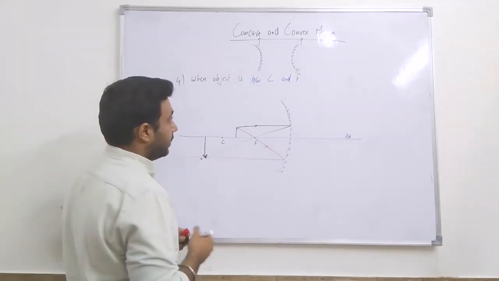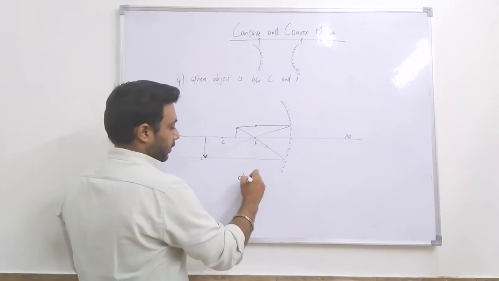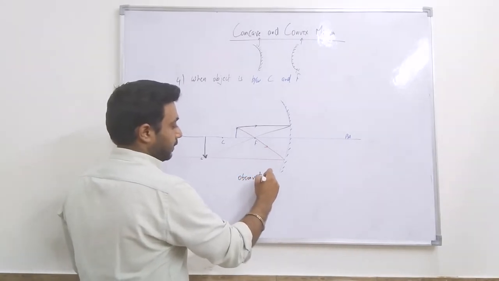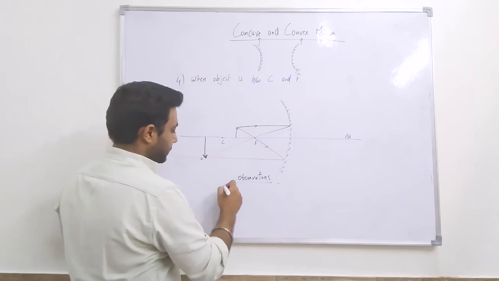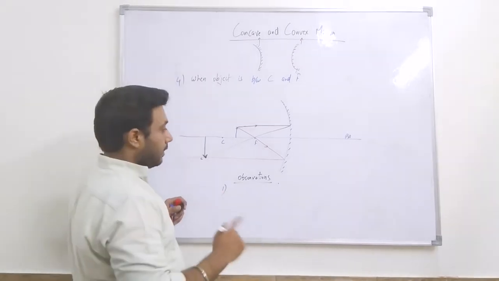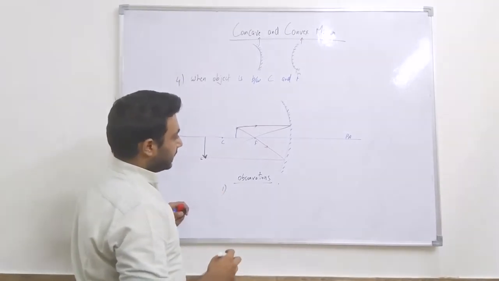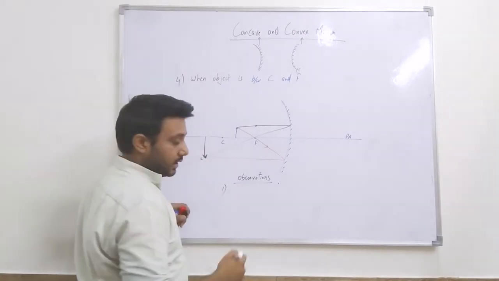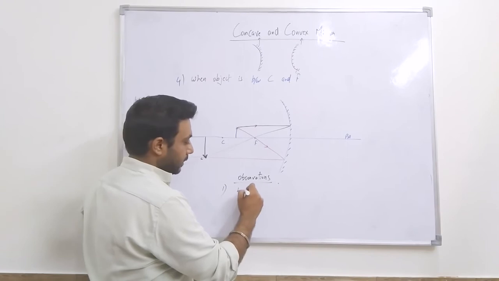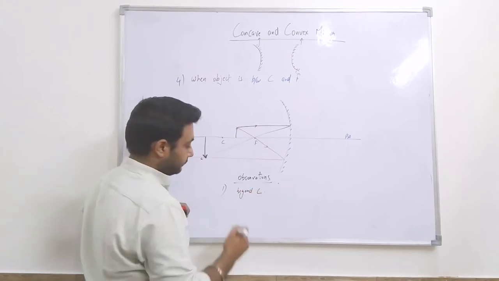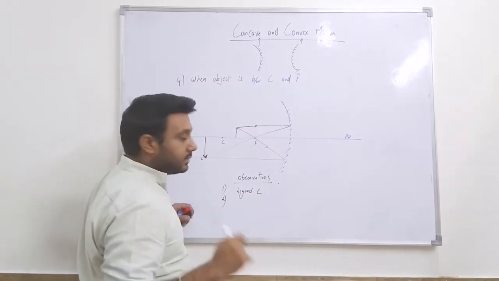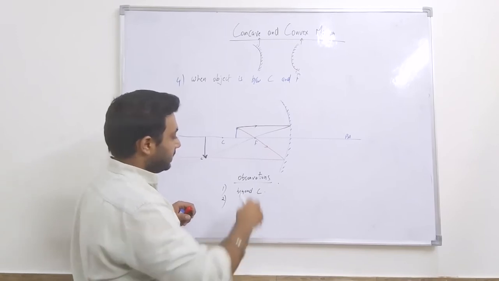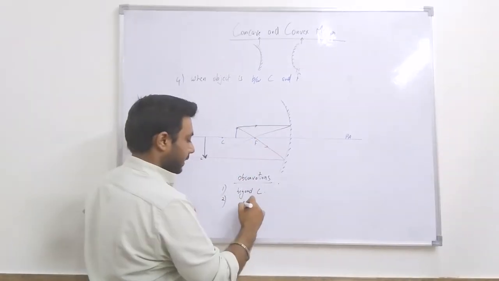Now the observations. What are the observations? First observation is that the image formed is beyond C. Second observation is it is larger.